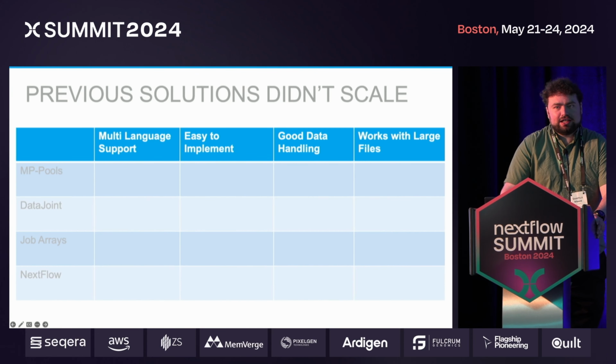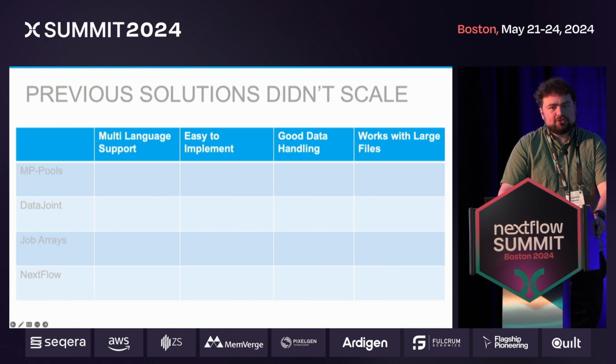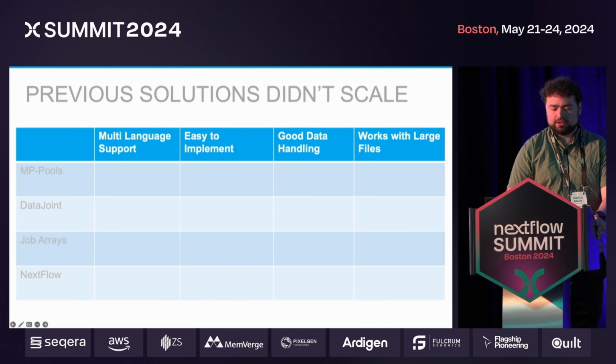So we tried a number of things to get this working at scale. What we decided by the end that we really needed was multi-language support. The pipeline actually has a few different language steps in it.